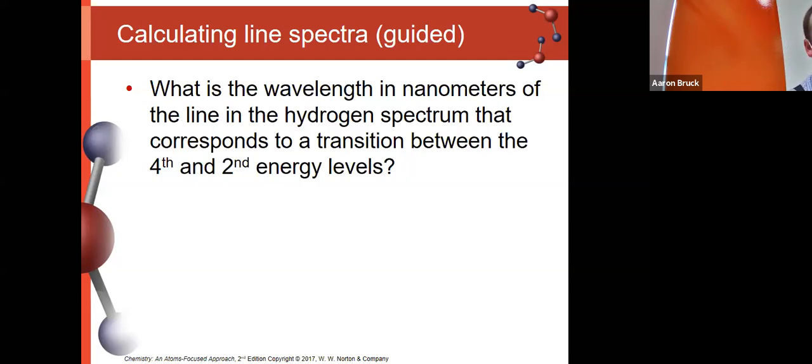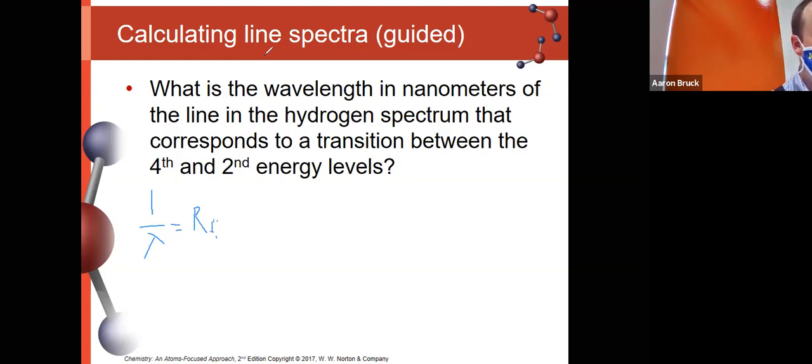So 1 over lambda is equal to R_H multiplied by 1 over, we're starting at the fourth, so 4 squared minus 1 over 2 squared.